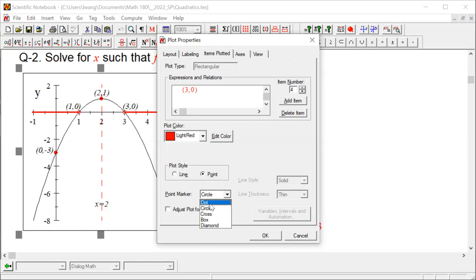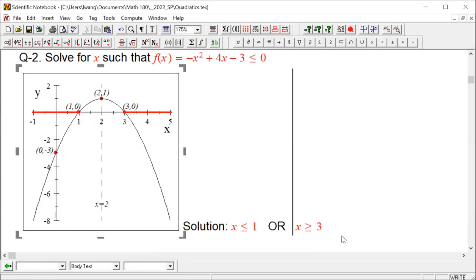Okay, and the inequality solution will show up like that. And of course you can see a variety of tweaks about it. Okay, yeah, so that's it.